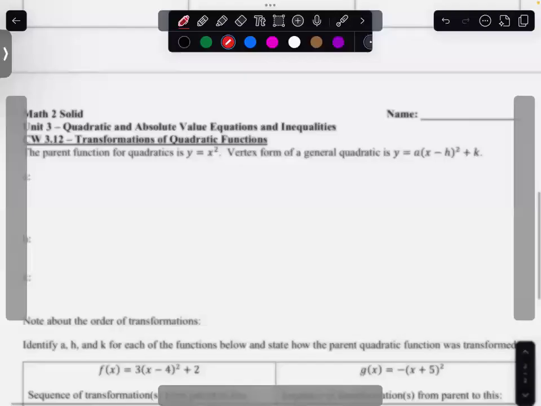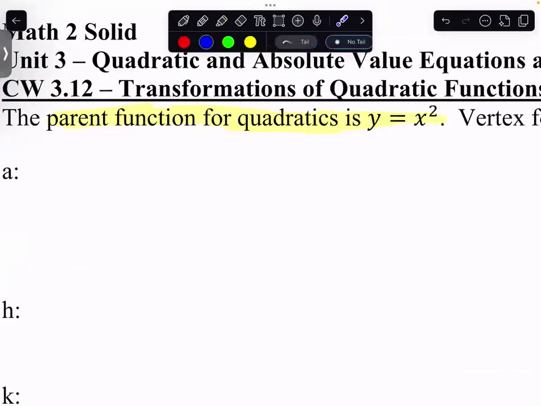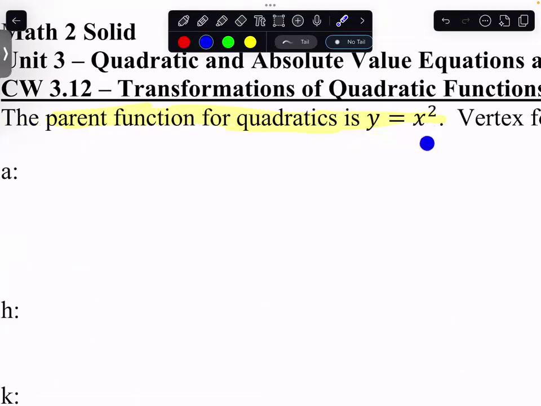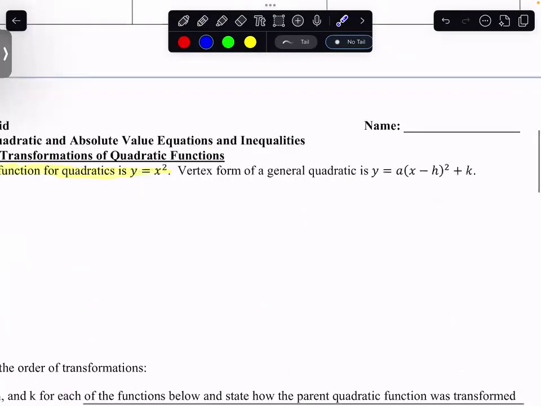Okay, so here's something that you guys need to know. So this phrase, whenever we talk about the parent function for quadratics, that means sort of like the starting point. The most basic quadratic function is just y equals x squared. And from there, you can perform various transformations on it.